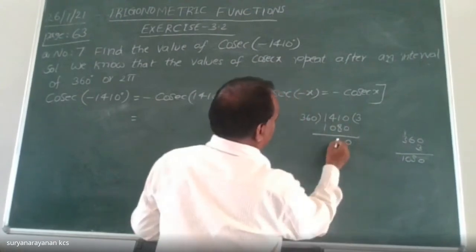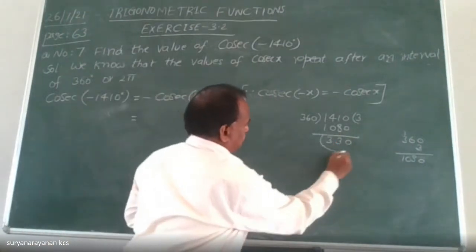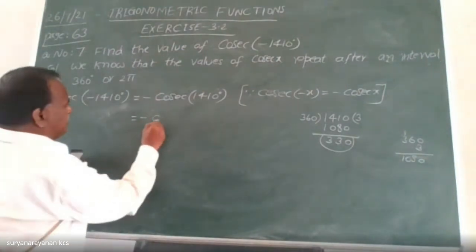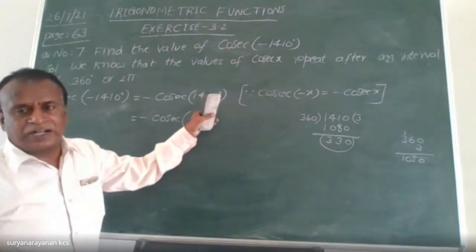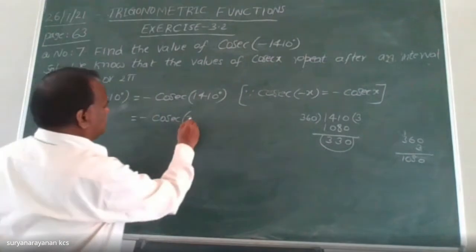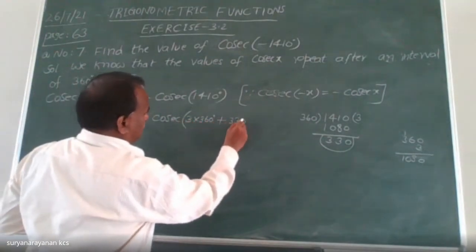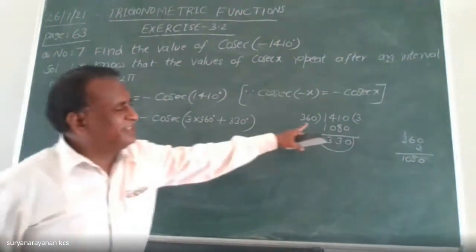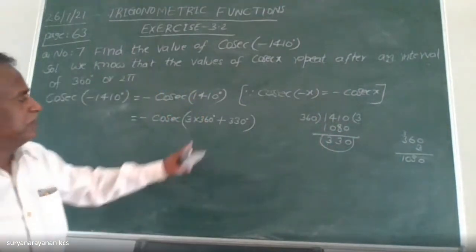The remainder is 330. So minus cosecant of, how can we write 1410 degrees? 3 into 360 plus 330 degrees. By using this long division, 3 into 360 degrees plus 330 degrees.